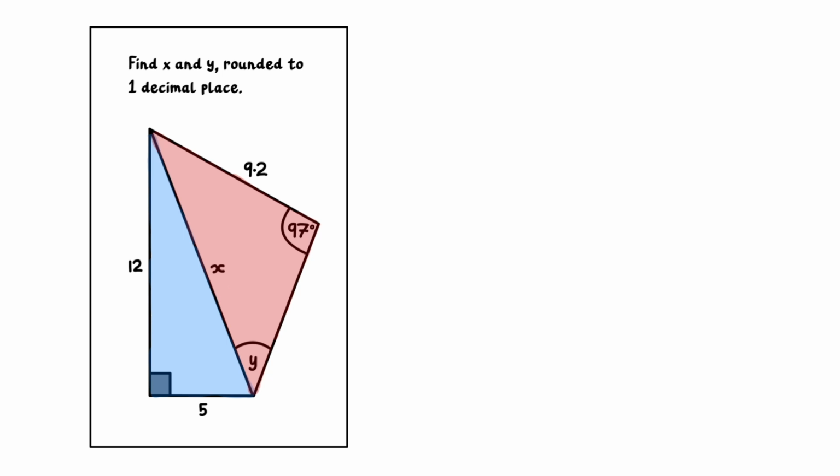So in total, we have three known values. In the red triangle, we only know two quantities, the side length of 9.2 and the angle of 97. We do have another angle labelled as y, but since we don't know the value of y, it's not much good to us. Since we know more information in the blue triangle, it'll be wise to focus here.